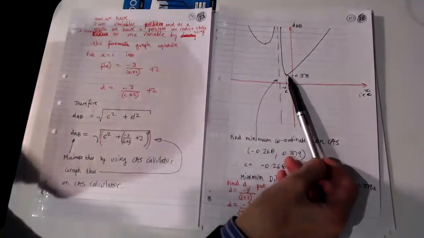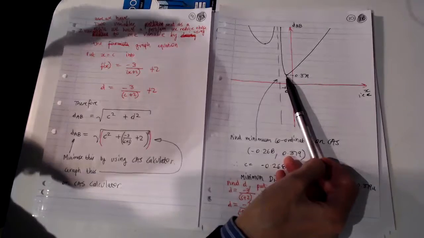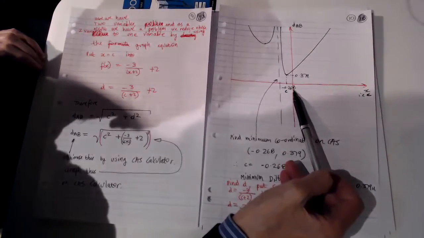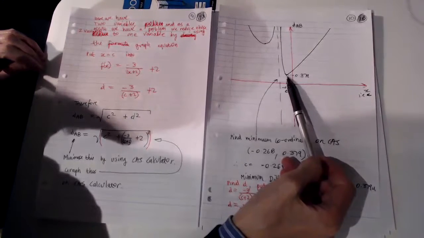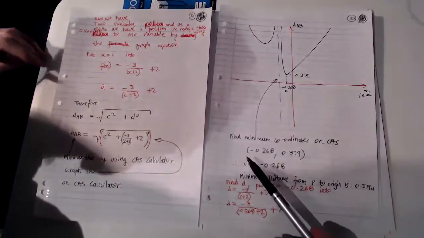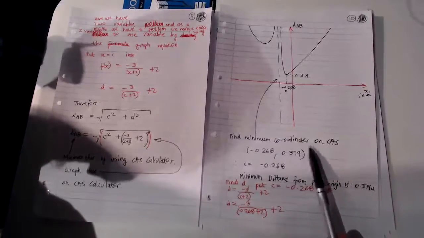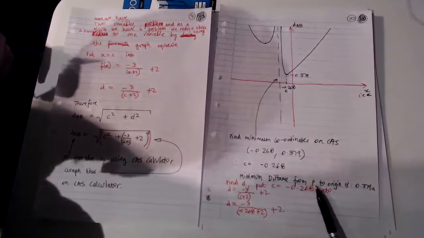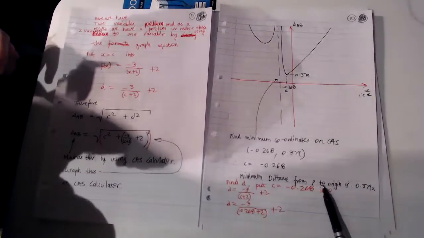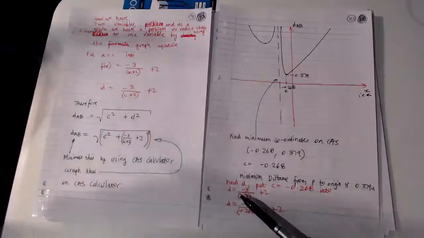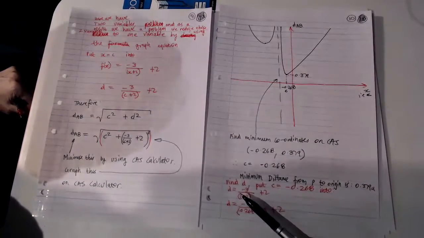On the CAS calculator, you can find the minimum using the minimum function, and it comes at C equals negative 0.268, and when that happens, the minimum distance between A and B is 0.379. So the minimum distance from P to the origin is 0.379 units.